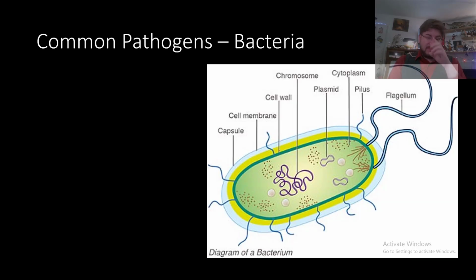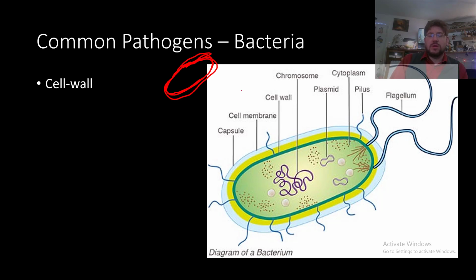So let's talk about some of the basic features of bacteria. When we talk about pathogens that cause disease, that disrupt homeostasis, the one most people think about would be bacteria. Right? So there are some important features of bacteria. One, they have a rigid cell wall surrounding the cell. It is made of something unlike any of the cell walls in eukaryotic life.